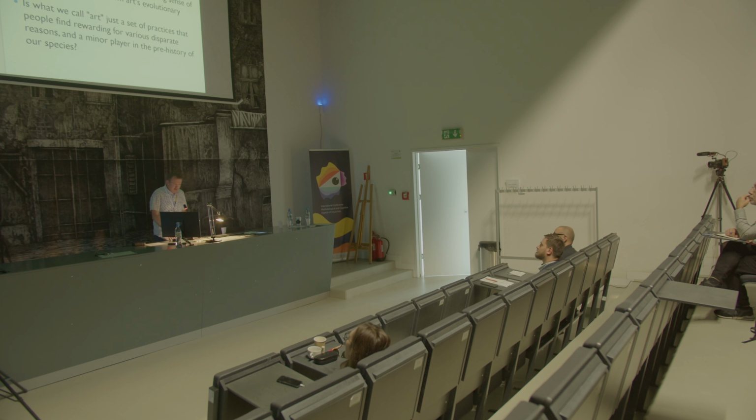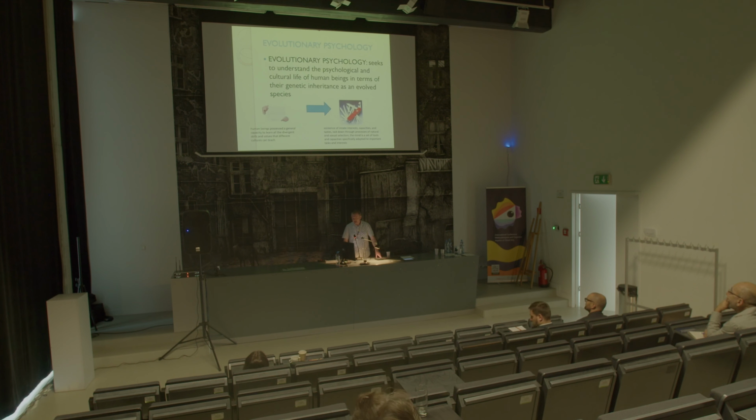So the main issue that stays behind is: can we say something about the core function of art in our human evolutionary history, or is what we call art just a set of practices that doesn't really matter to our survival in prehistoric times and doesn't have any evolutionary adaptive function?